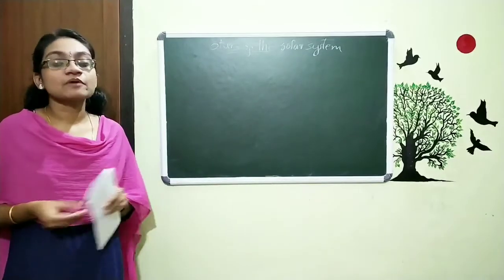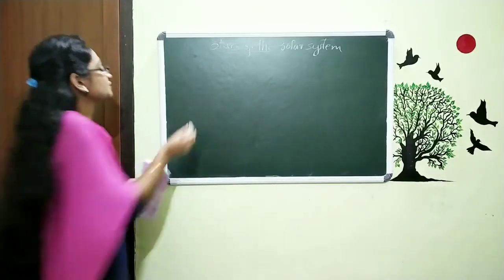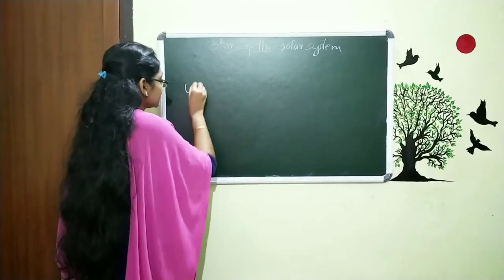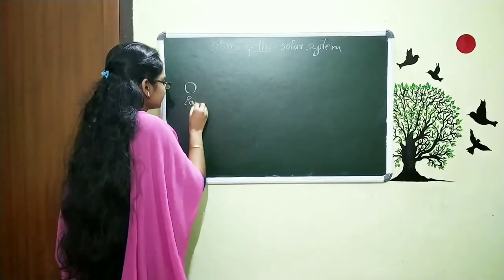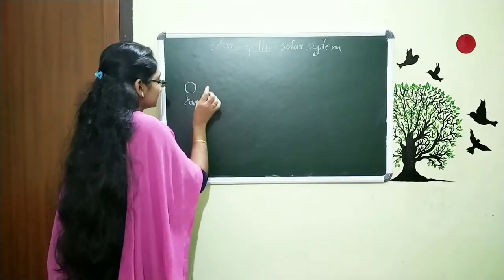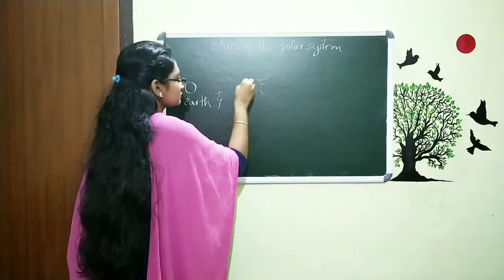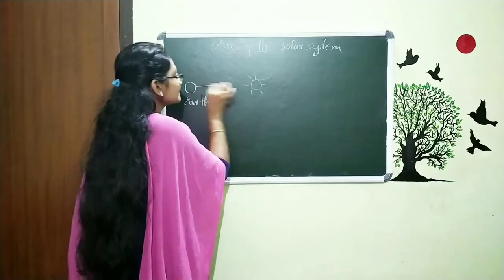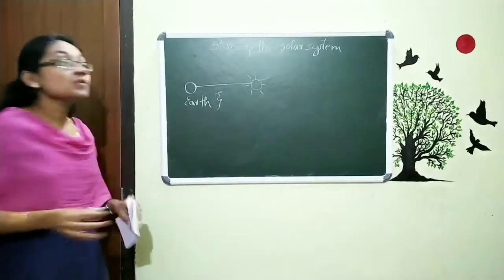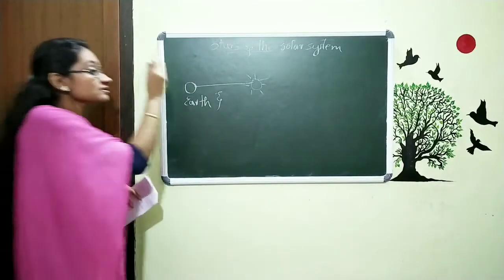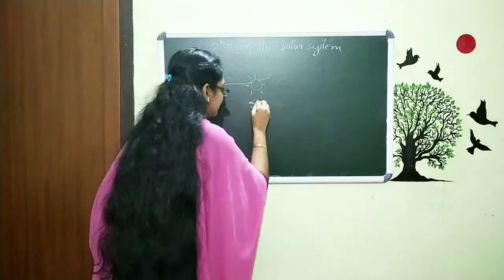Finally, we discussed the topic, the distance between Earth and Sun. The question is, how much distance is there between this Earth and Sun?